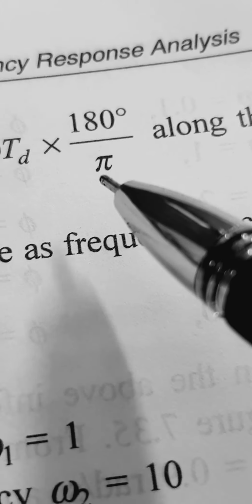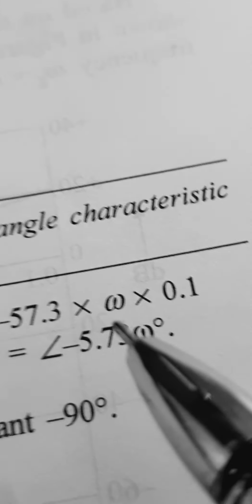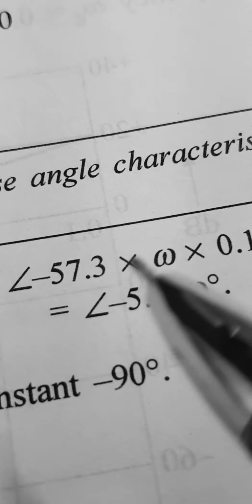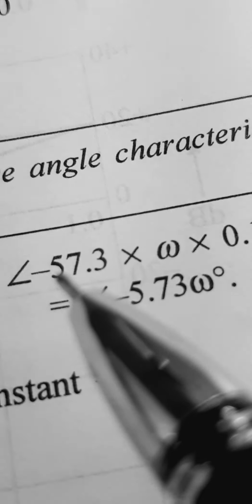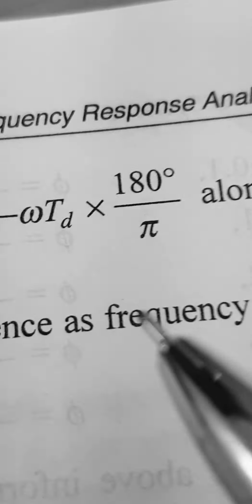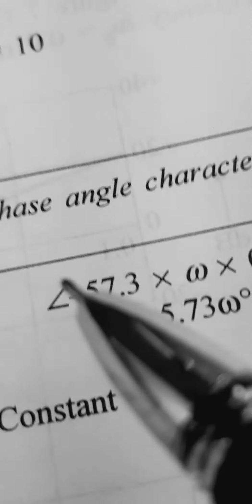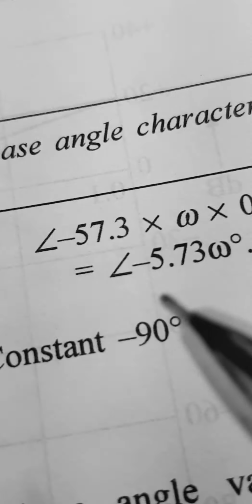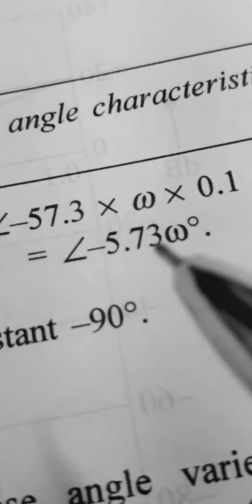So 180 degree by pi into omega into Td, that is 0.1 into omega into 57.3, that is equal to an angle of minus 5.73 omega degree.